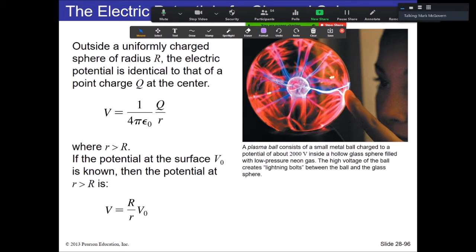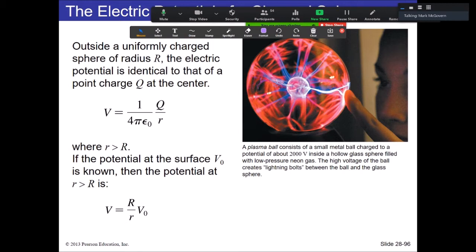But you've got to take that distance r to be from the very center of the object. So once you're outside the object, the potential drops off as a 1 over r quantity. And we can prove this later.